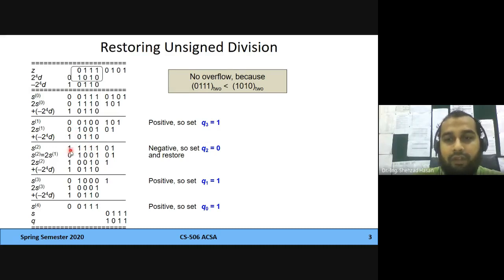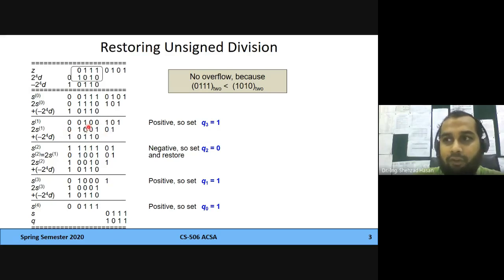Now this is a negative number, which means, in other words, that this number is actually less than this number. That's why it's giving us a negative result. If you want to look at it in its actual decimal form, forget about these 2 bits for the time being.